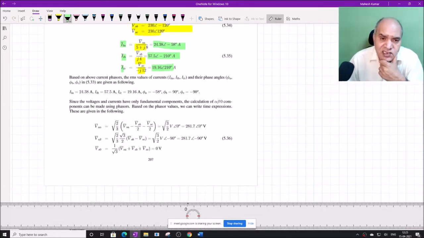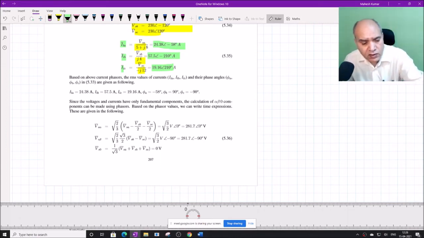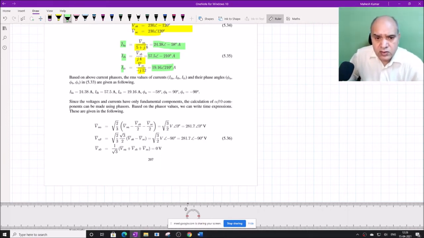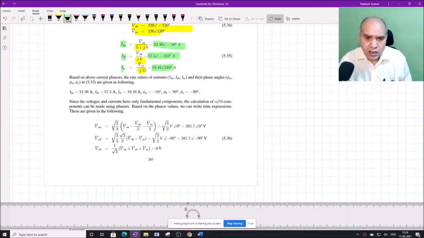After knowing these load currents, we can find out the alpha, beta and 0 components. To know the alpha, beta and 0 components, we must first know the ABC components. So ABC we already know, so now we can transform to alpha, beta and 0. So VS alpha is nothing but root 2 by 3, using the alpha, beta, 0 transformation matrix: root 2 by 3 times VSA minus VSB by 2 minus VSC by 2. Simply substitute the values.